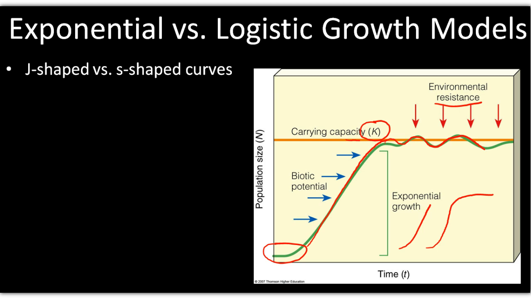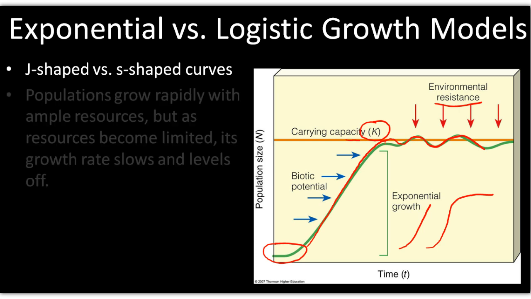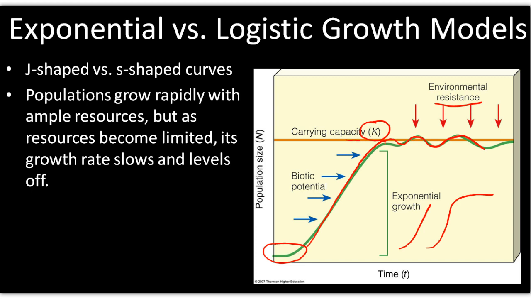The names for these: the J-shaped curve would be for the R-selected species, having that exponential growth, and the S-shaped curves would be for K-selected species. But they both do have an exponential portion, that rapid growth rate. The difference is for R-selected, it doesn't level off. Eventually, it will just crash.